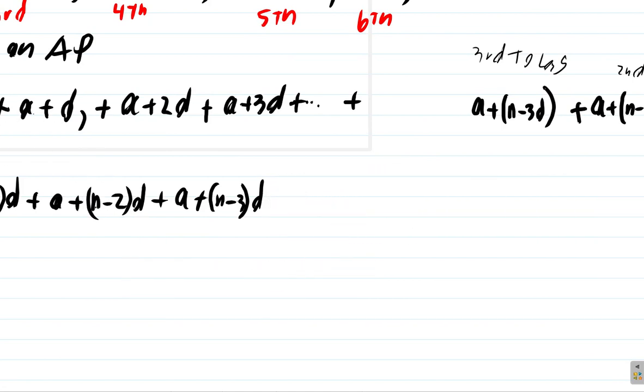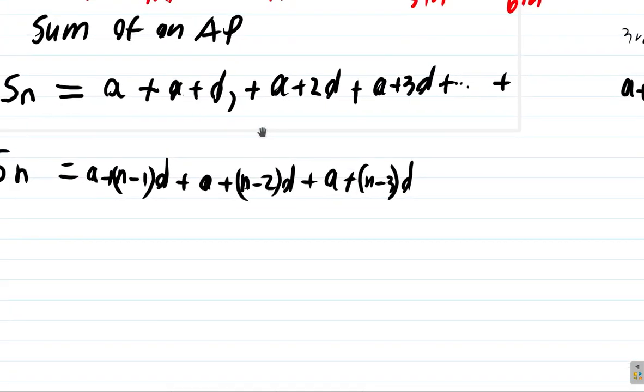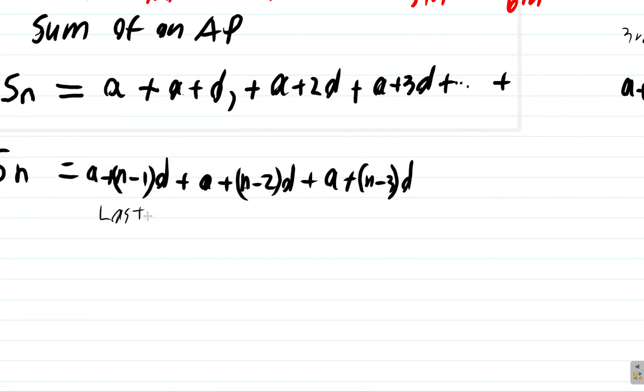So let's use the last three terms. The last, the second to last, the third to last. So this is really the last term, second to last term, third to last term. Alright.